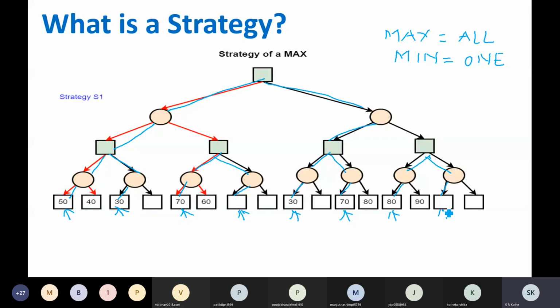Is it right? Am I right? At max you select all, at min 1. Is it the right tree? Anybody?